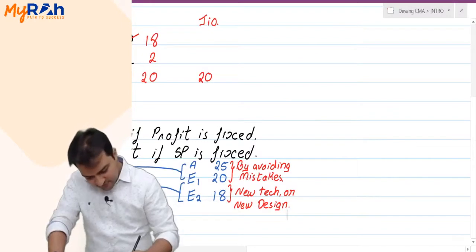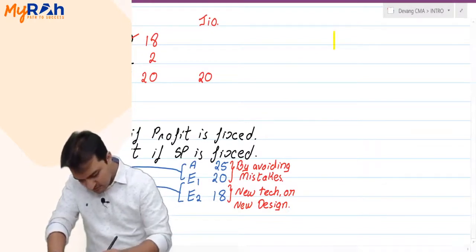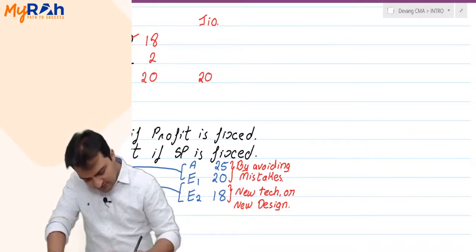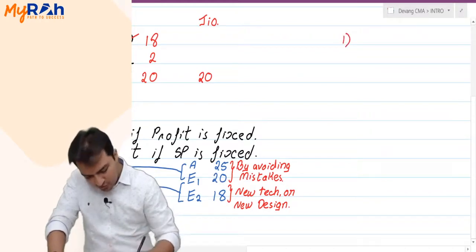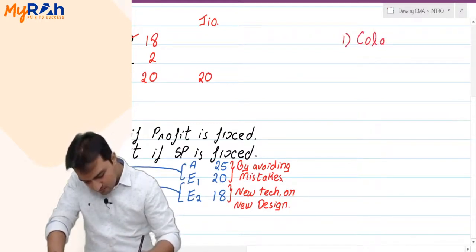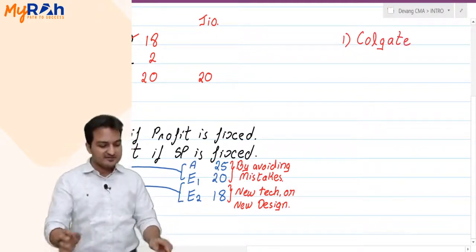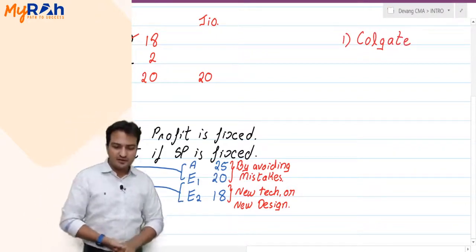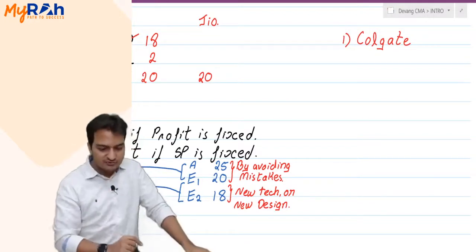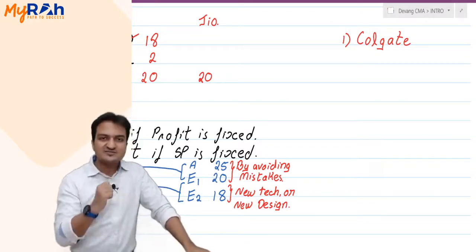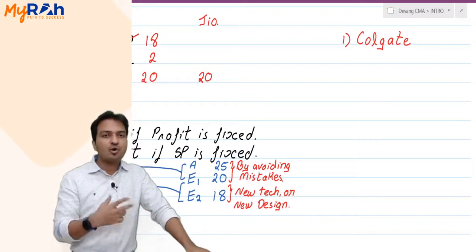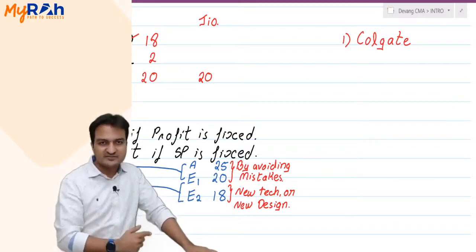Okay, my first case that I discuss is about Colgate. You know the company, toothpaste manufacturing, yes. Now this actually happened in India somewhere in 1970s or so. That was a time where there were not many competitors in the toothpaste industry.